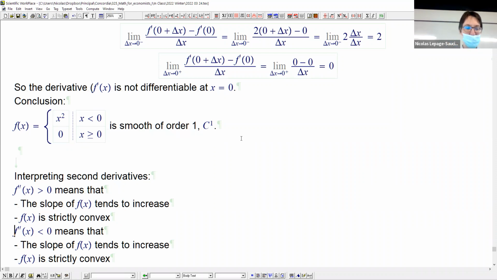And the second order derivative being smaller than 0 means that the slope of f of x tends to decrease, and f of x is strictly concave.